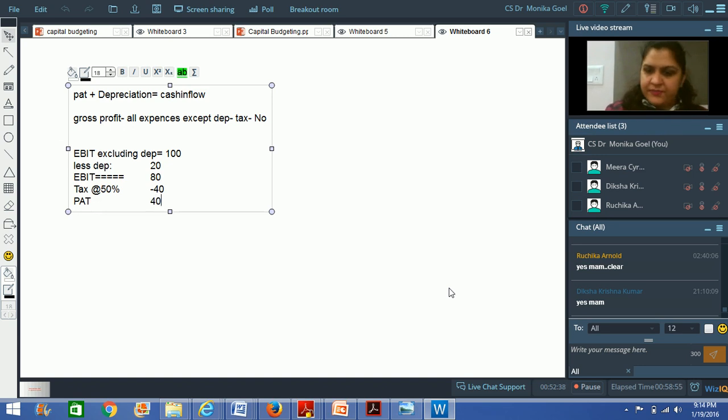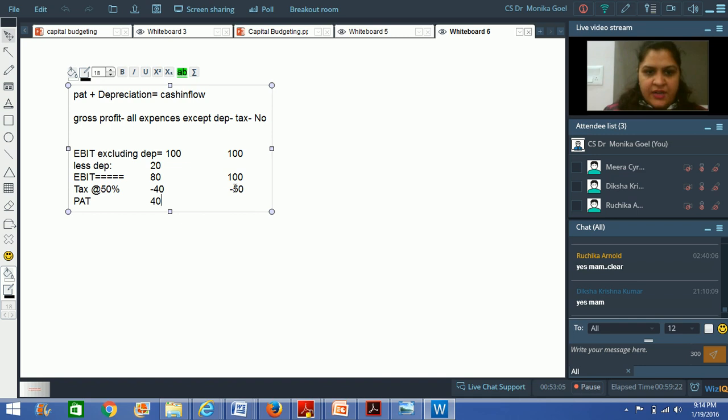Right? On this, suppose you do not have any interest and there is a tax rate of 50%, so you will have a tax liability of 40 rupees and your profit after tax would be 40 rupees. Now, if you had not taken this depreciation, what would have happened?